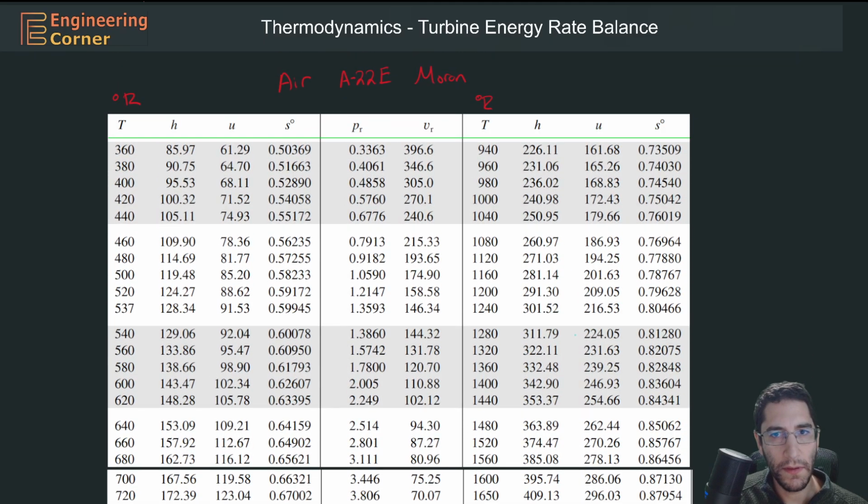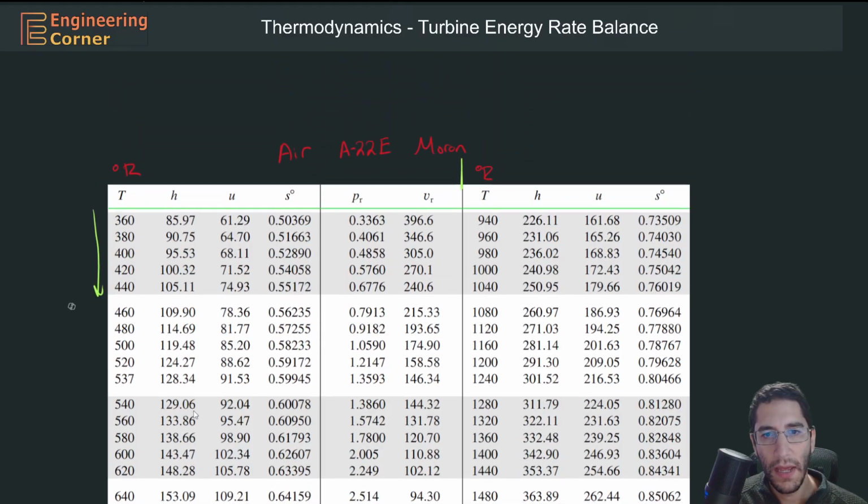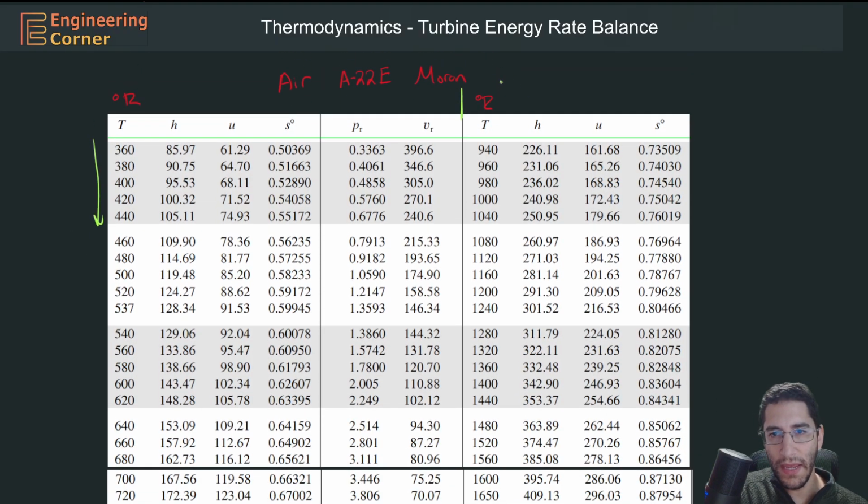So this is what the table looks like. And how this table works is it's broken up sort of in half. As we go down here, these are our temperatures, and we go down and we get to 920. Then we have another column over here, which the temperatures continue.